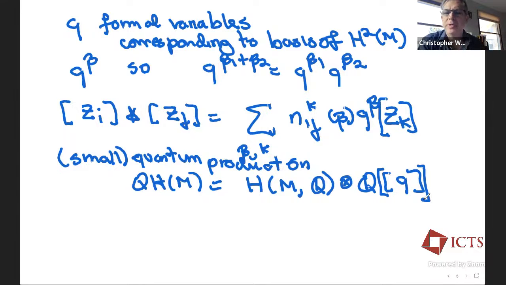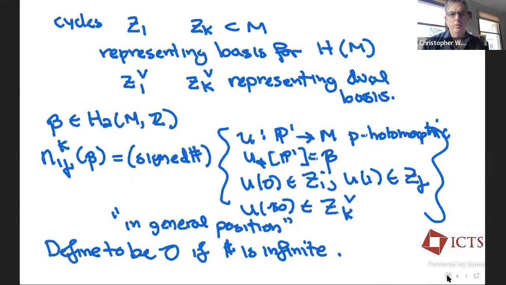Different power series rings that you can use here. So beta is a basis element, maybe? Is that what you mean? Like beta 1 and beta 2, something like that? What is beta? Maybe that will clarify. Beta was the homology class.